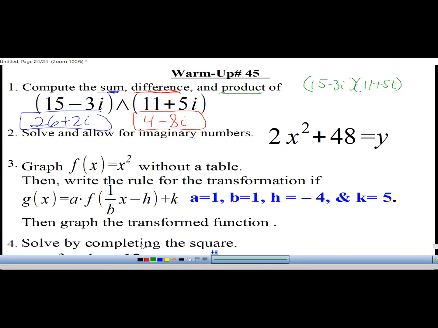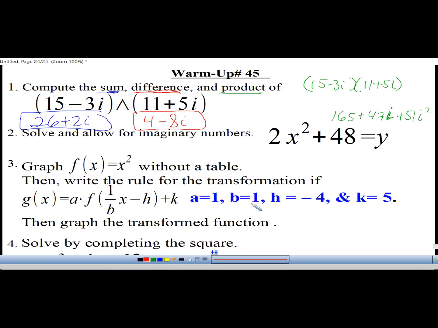Okay, Anthony, what'd you get? Product, multiplication. I got 165 plus 47i minus 51i squared.